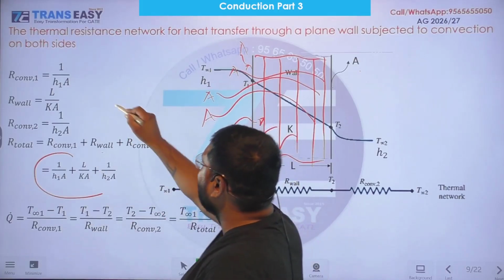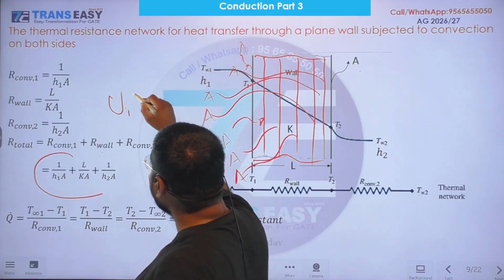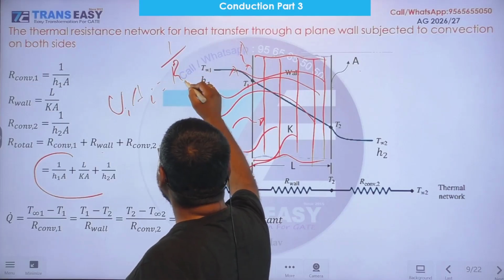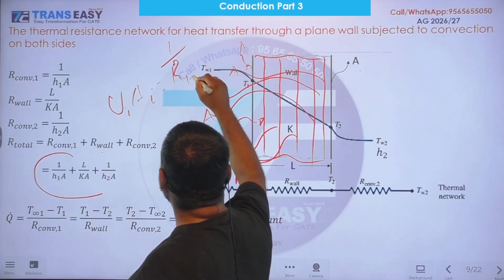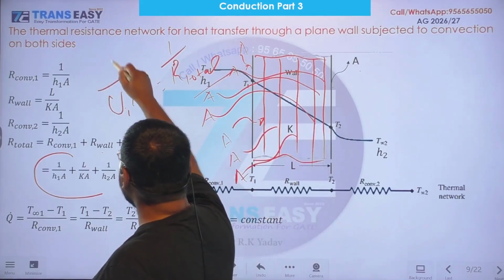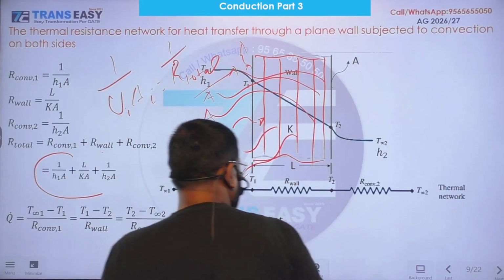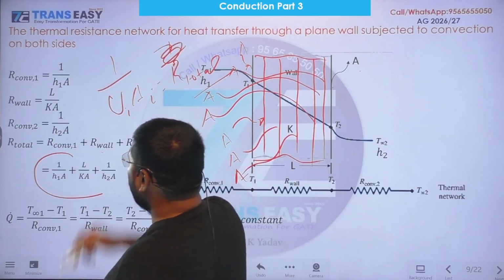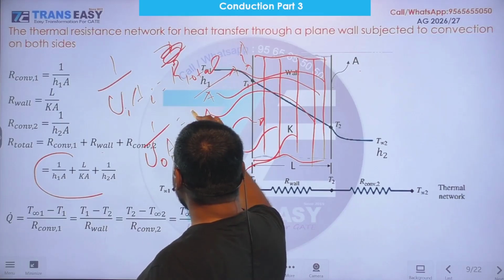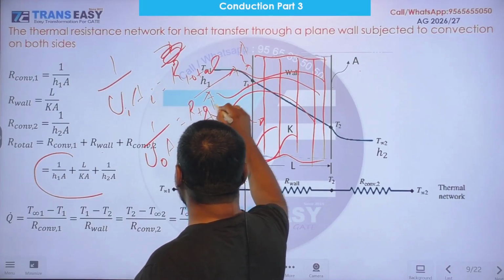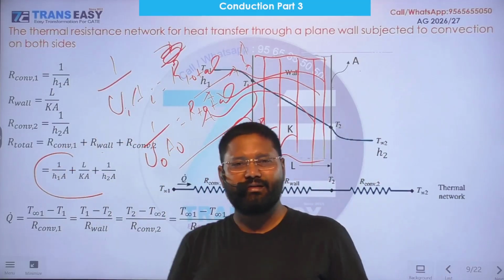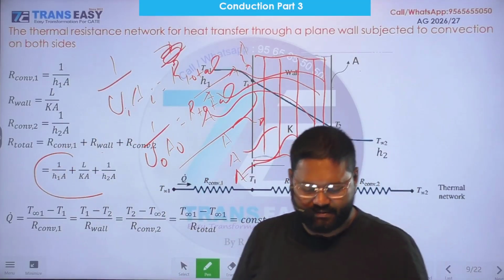So in that case, guys, 1 upon UIAI is equal to R total, or 1 upon UOAO is equal to R total. देखेंगे हम बाद में, समझ में आ जाएगा. ओवरऑल हीट ट्रांसफर कोएफिशिएंट बेस्ड ऑन इनर सरफेस एरिया, ओवरऑल हीट ट्रांसफर कोएफिशिएंट बेस्ड ऑन आउटर सरफेस एरिया.